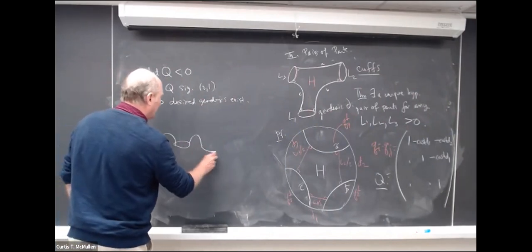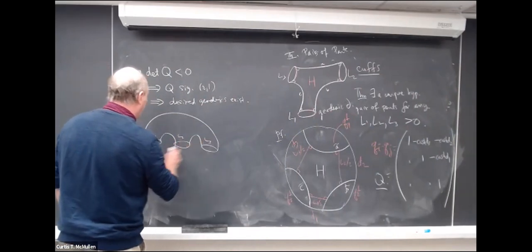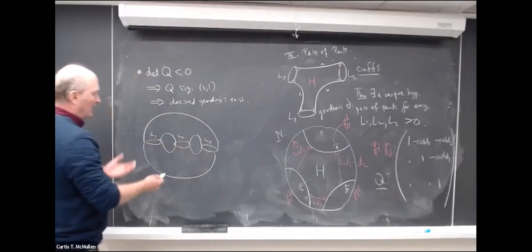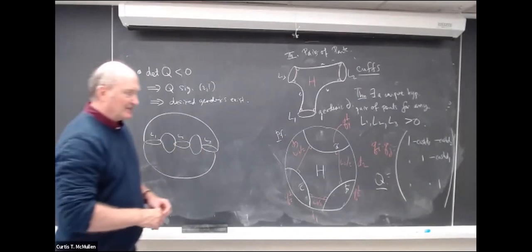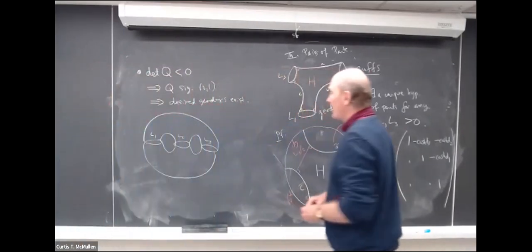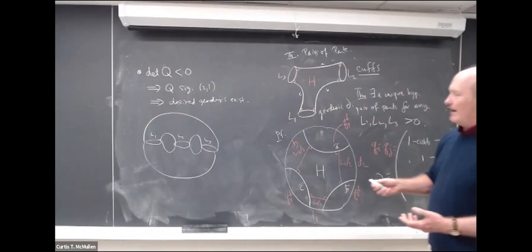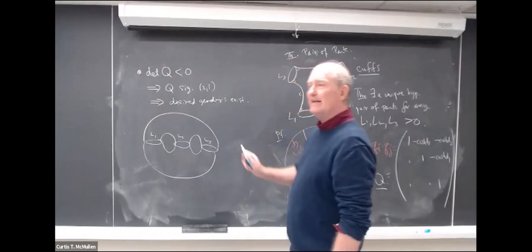So we can take this pair of pants with lengths L1, L2, and L3, take a reflected copy of it, and glue the two together. And then lo and behold, we've constructed a Riemann surface of genus 2, a complete hyperbolic surface of a given genus.